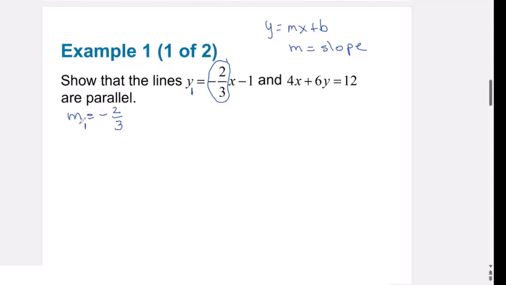Now for the second one, it's not in slope-intercept or point-slope form, so I have to first solve for y. We're going to start with 4x plus 6y equals 12. This is actually called standard form. Slope-intercept is what we want, because we need the slope and the y-intercept.